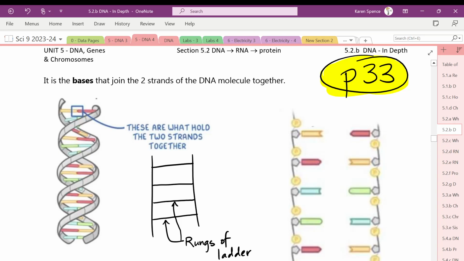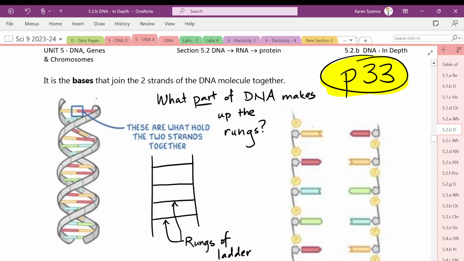What part of DNA makes up the rungs of the DNA ladder? The bases.